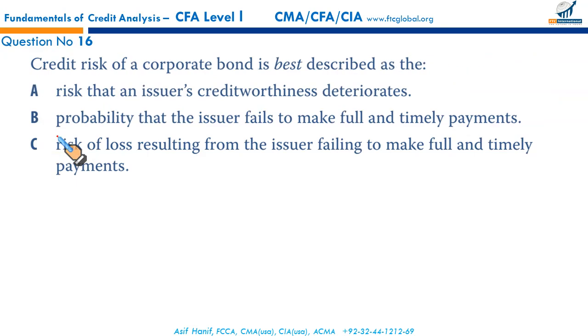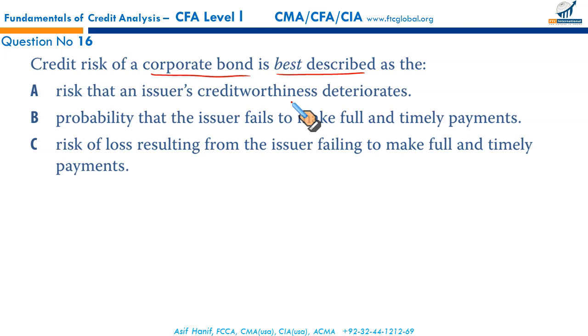Next, credit risk of a corporate bond is best described as the risk that an issuer's creditworthiness deteriorates. Now let's first define what we read in our reading. Credit risk is the risk of loss resulting from the borrower, the issuer of debt, failing to make full and timely payments of interest and principal.